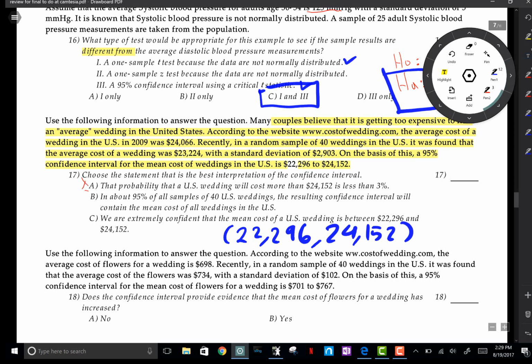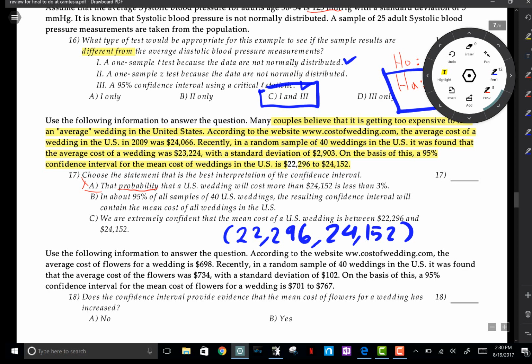A will not be the correct answer, because A is saying the probability that a U.S. wedding will cost more than 24,000 is less than 3%. Remember, when you're talking about a confidence interval, this is talking about probability. If you look at B, it says in about 95% of all samples of 40 U.S. weddings, the resulting confidence interval will contain the mean cost of all weddings in the U.S. That one is pretty accurate.